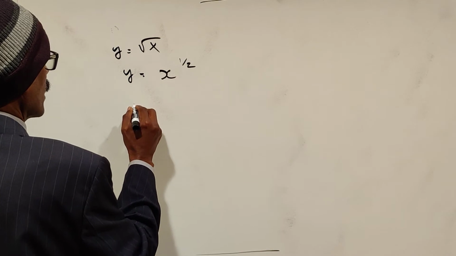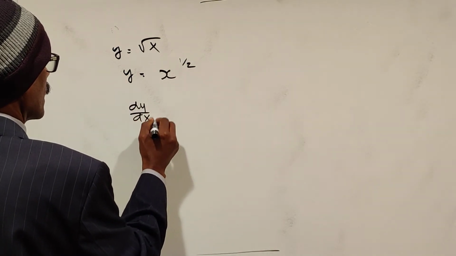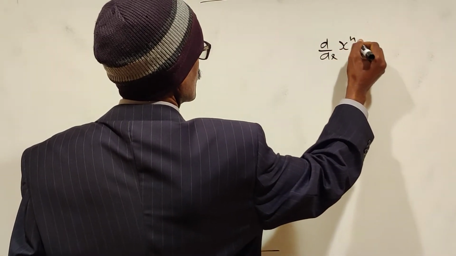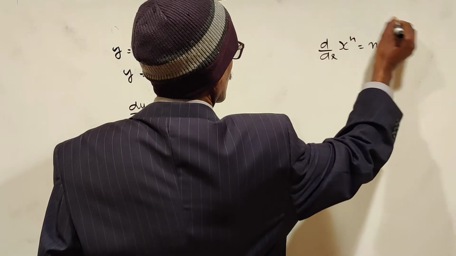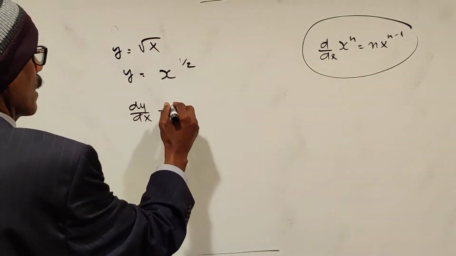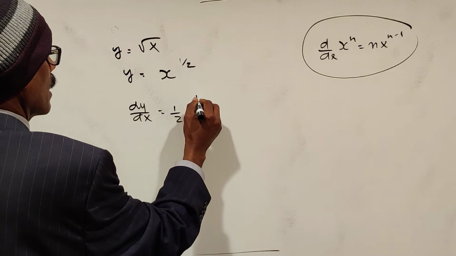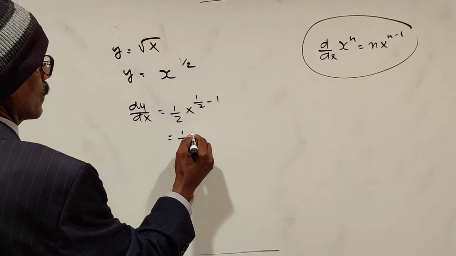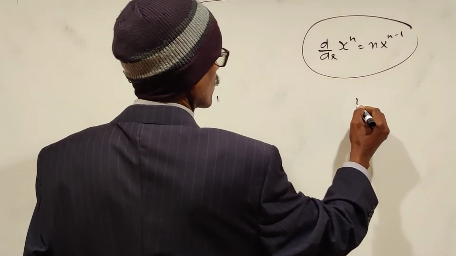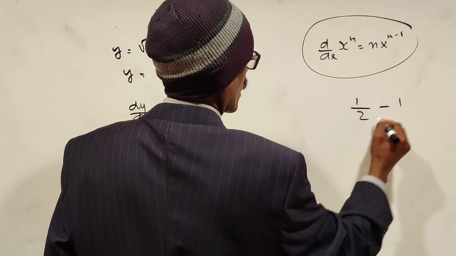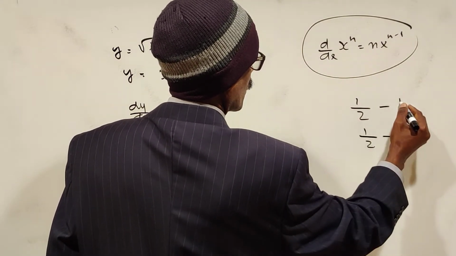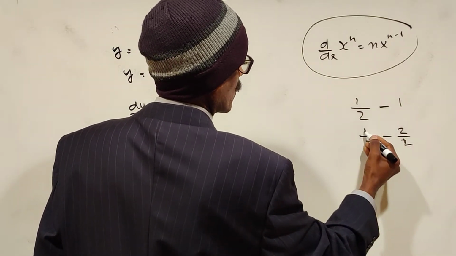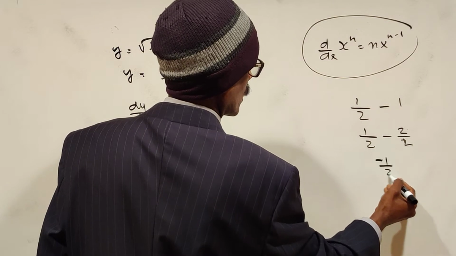dy by dx equals, d by dx of x raised to n is n x raised to n minus 1. That is the formula. Here n is half, into x to the power half minus 1. What is half minus 1? Making the denominator the same, 1 minus 2 over 2, that is negative half.